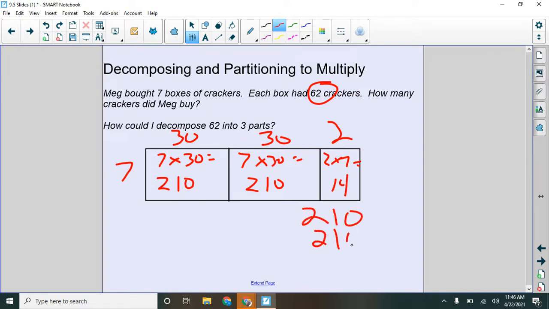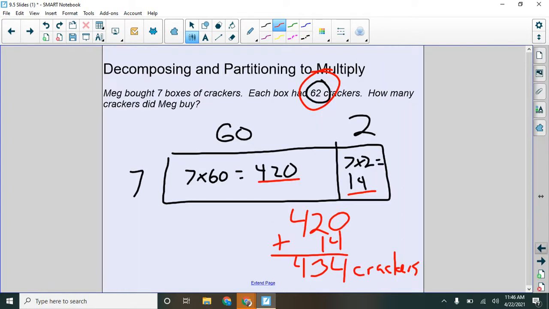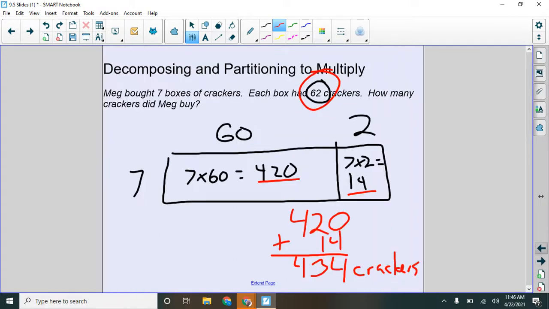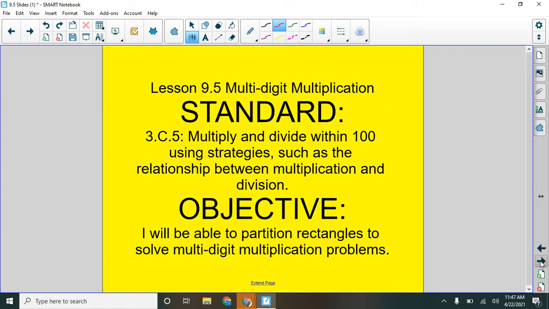I bet we get the same answer. 4, 3, 4. There it is, 434. So you could partition it differently, although I will tell you, a lot of people like to just take the 6, make it 60, and the 2, make it 2.